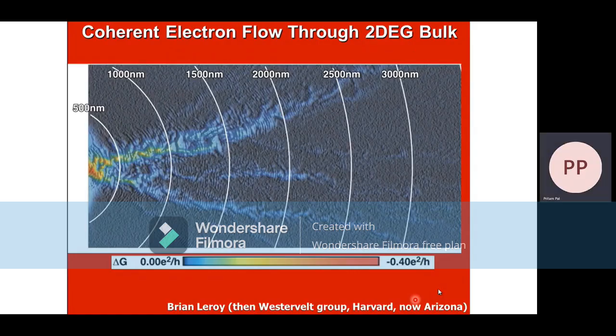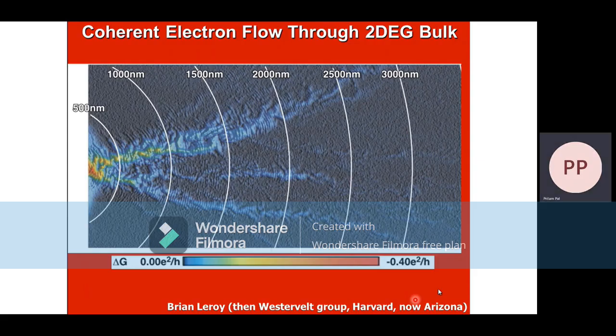Okay, for the next part of this topic we discussed a very neat experiment that shines a lot of light onto the ballistic and coherent quantum transport of electrons in two-dimensional electron gas systems, right? And in quantum point contacts.